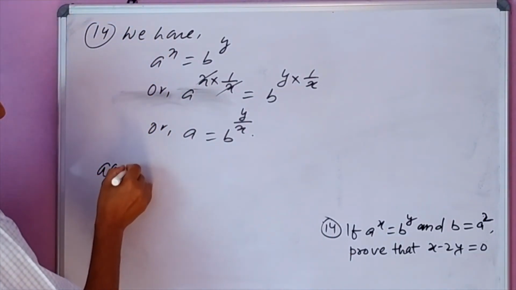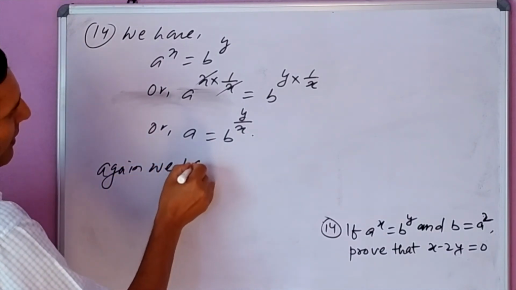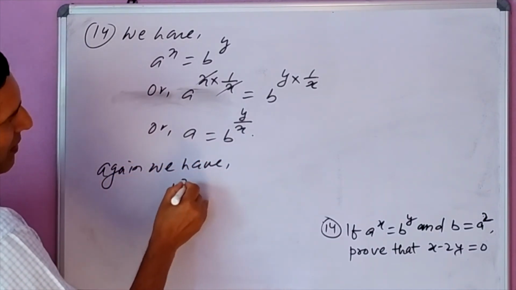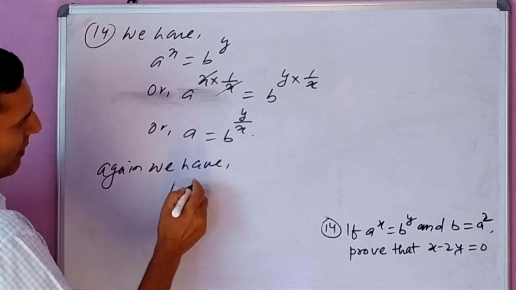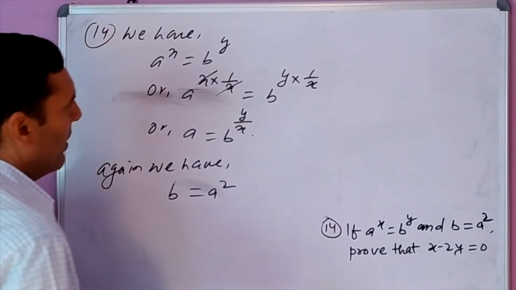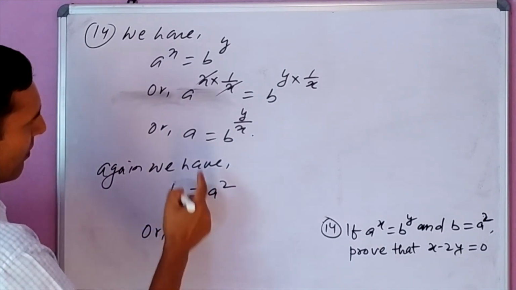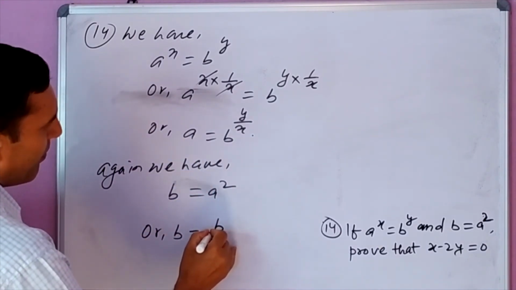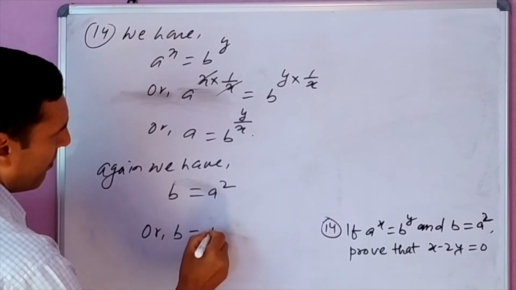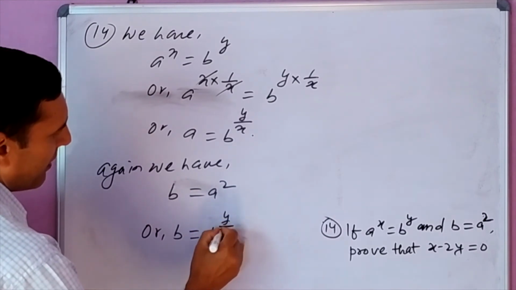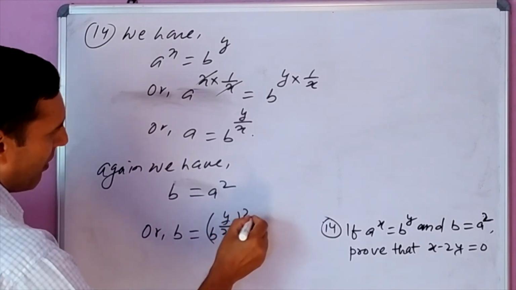Again we have the second condition, b is equal to a square. So we put the value of a there. So b, what is a? b to the power y upon x, whole to the power 2.